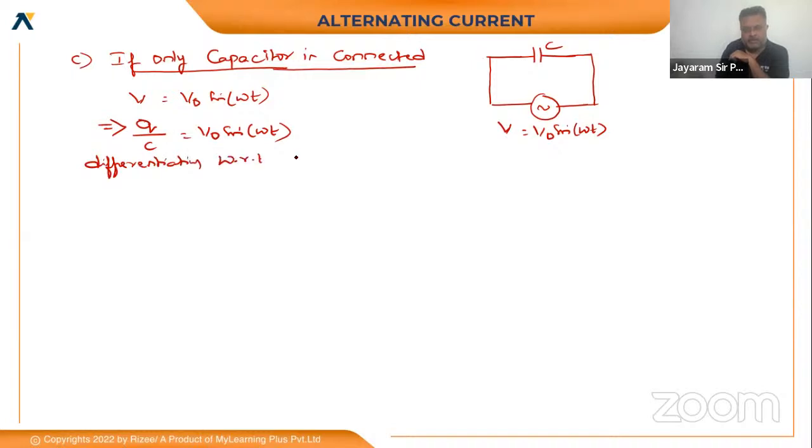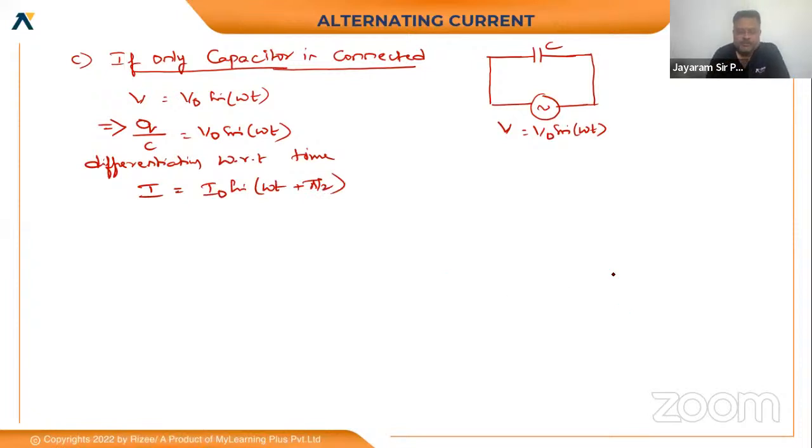Differentiating this with respect to time, you will get the current I is equal to I naught sine of omega t plus pi by 2.